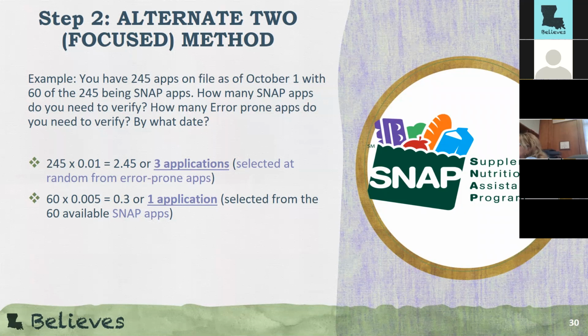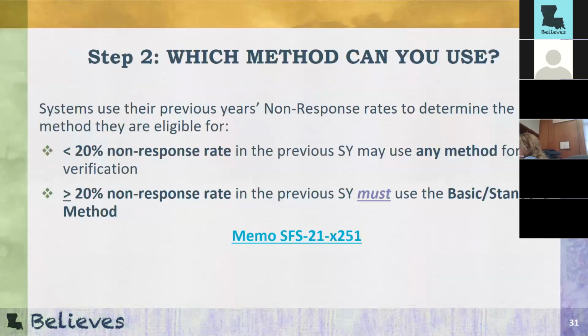So in this case, we have 60 SNAP applications multiplied by 1%, which is equal to 0.3, rounded up to 1 application. In this example, we will verify a total of 4 applications, 3 selected at random from error-prone, and 1 selected at random from SNAP applications.